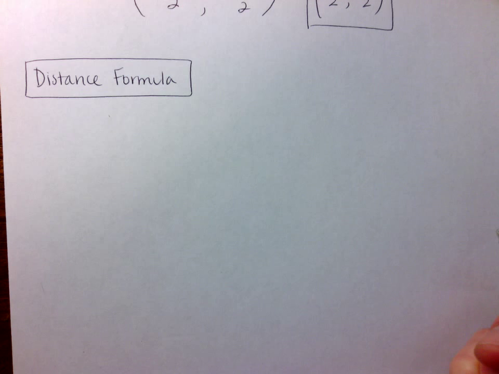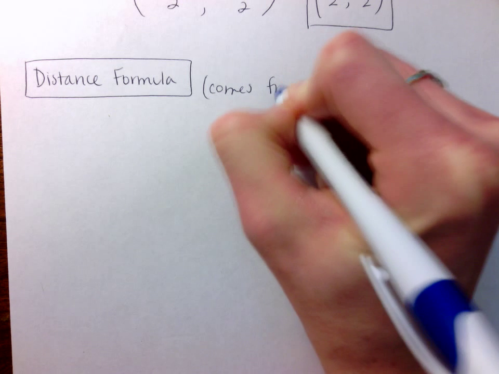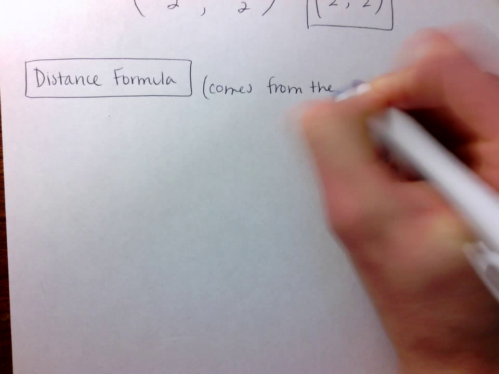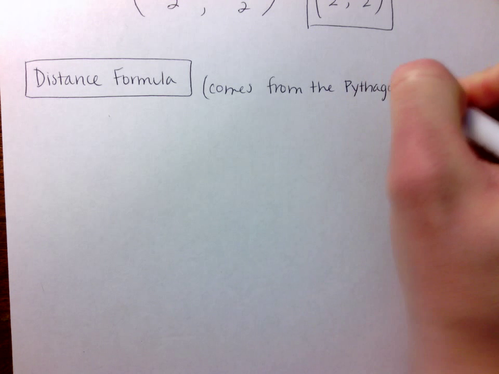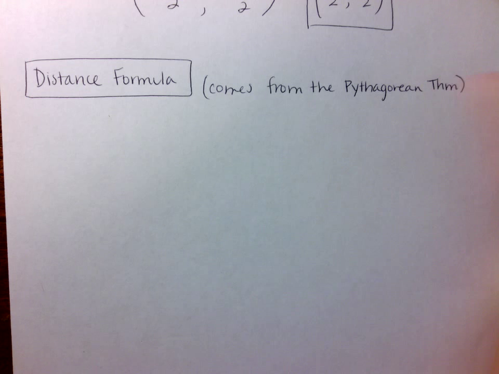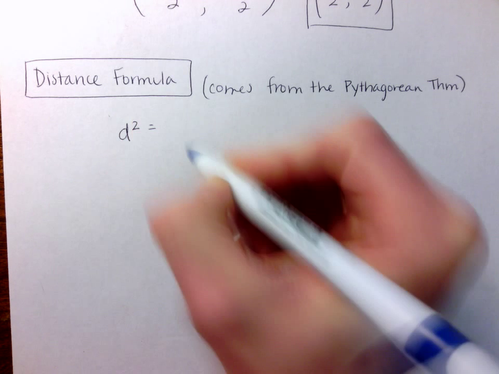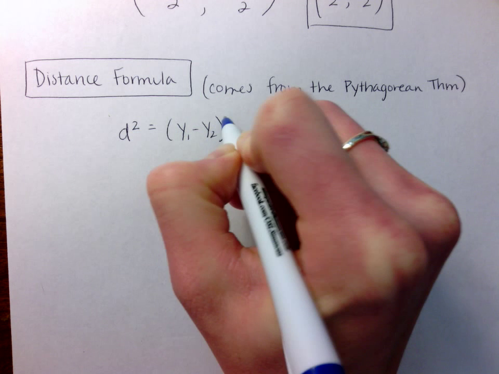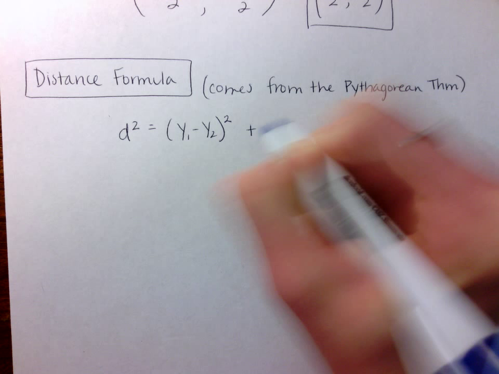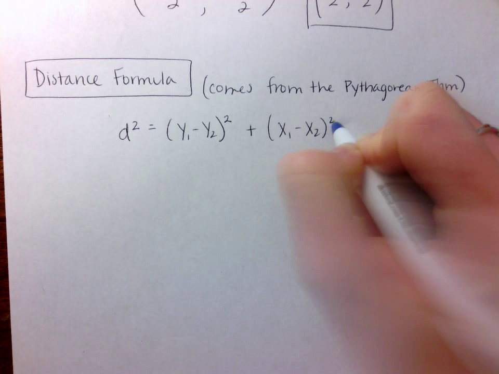If you remember, it comes from the Pythagorean theorem, so it looks very similar to it. The distance formula is d squared equals the difference of your y coordinates squared plus the difference in your x coordinates squared.